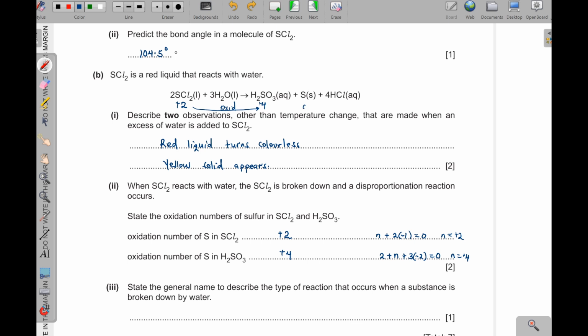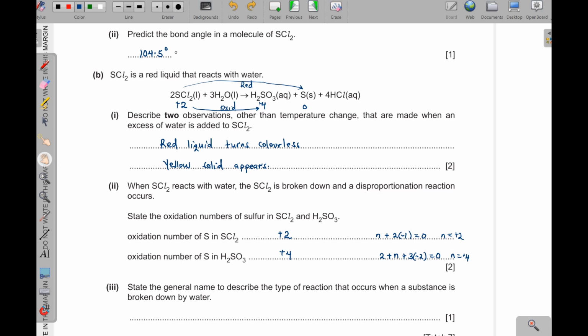You see that? The oxidation state of any element is 0. So now moving from +2 to 0, that is a reduction in the oxidation state. So that one is reduction. So sulfur in here is both oxidized and reduced. That is why it is a disproportionation reaction.